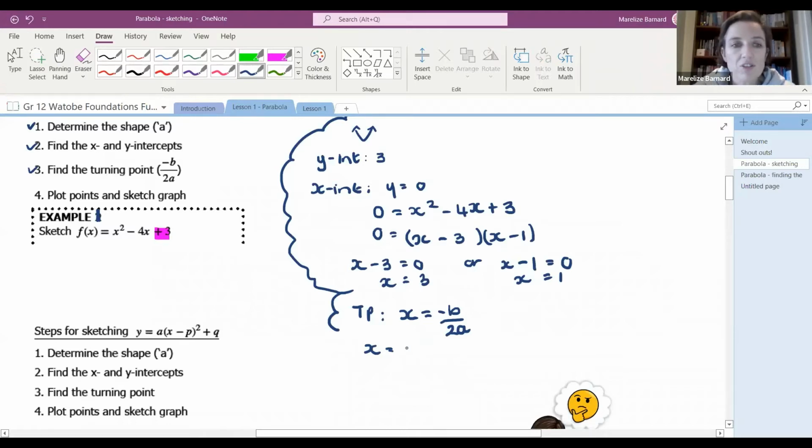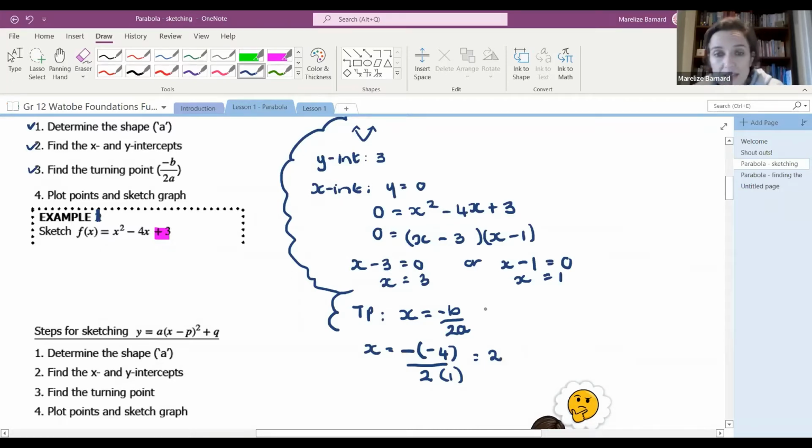So we are going to sub in minus b and 2a. So minus b means minus minus 4 over 2 times 1. So that is 4 over 2. That gives me 2. So my x coordinate of my turning point is 2.